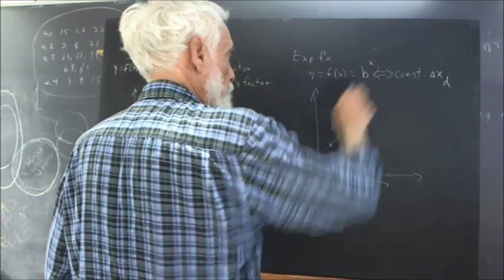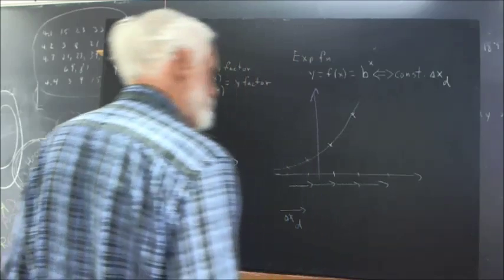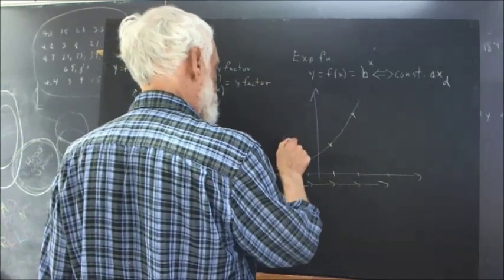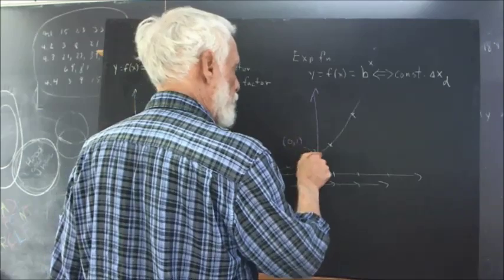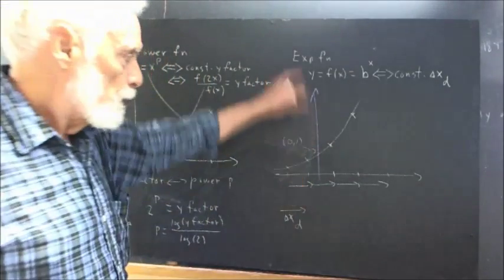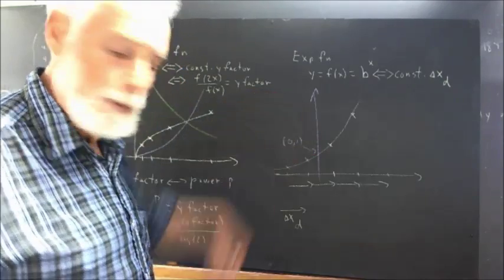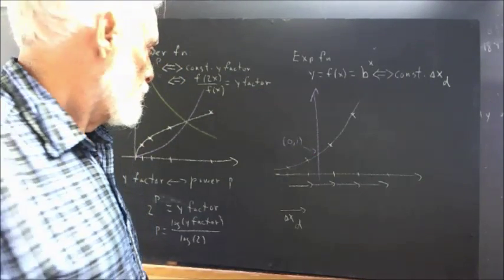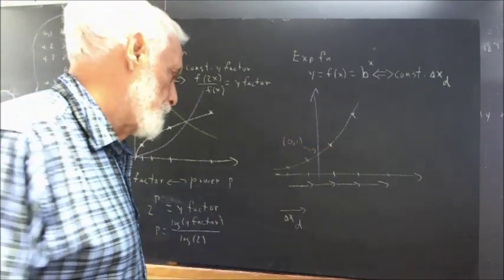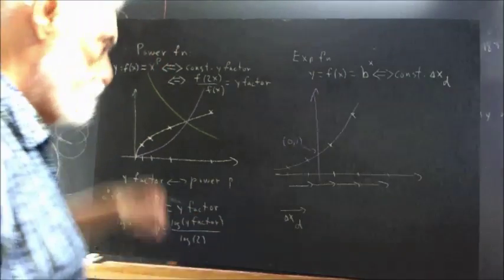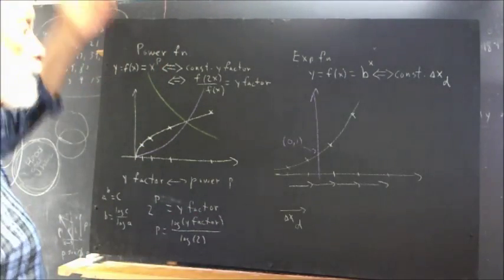If this is the function y equals b to the x, f of x equals b to the x, then wherever we put the y-axis, the point where the curve intersects the y-axis is the point 0, 1. And then there are properties of the exponential function that we develop.